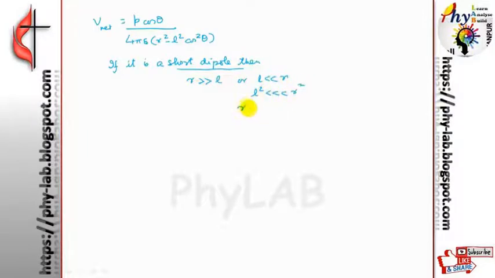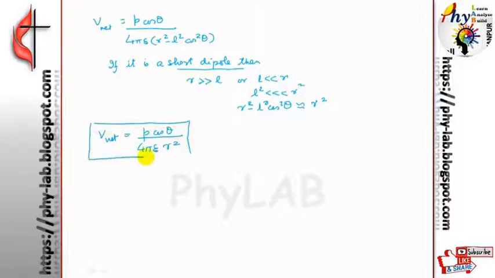In that situation, R square minus L square cos square theta can be written as simply R square. So the result can be V net is equal to P cos theta upon 4 pi epsilon naught R square. So this is the electric potential due to a short dipole at any general point.